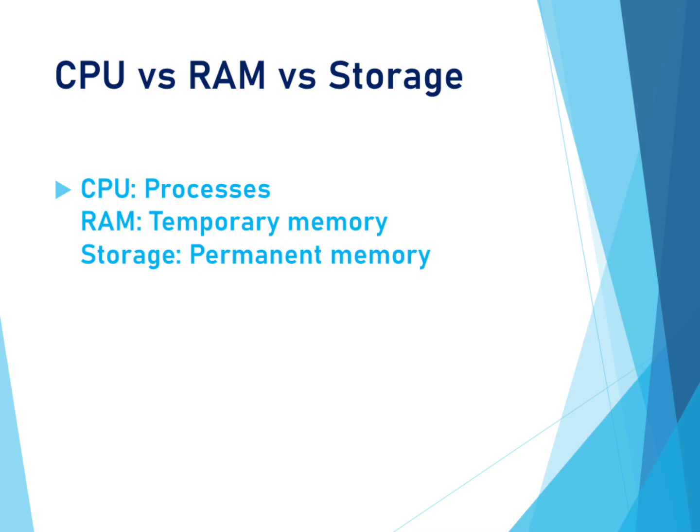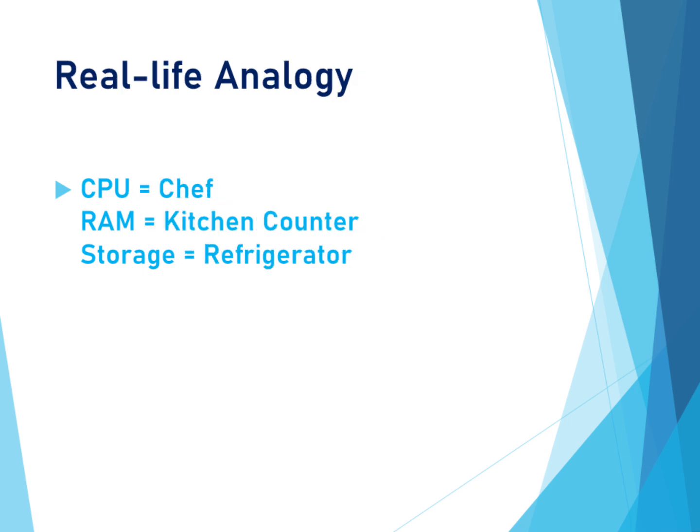RAM temporarily stores the data and programs that are currently being used. Storage, such as SSDs or hard disks, permanently stores files, documents, software, and the operating system. A simple way to remember this: the CPU is the worker, RAM is the worker's desk, and storage is the cupboard where everything is kept safely.